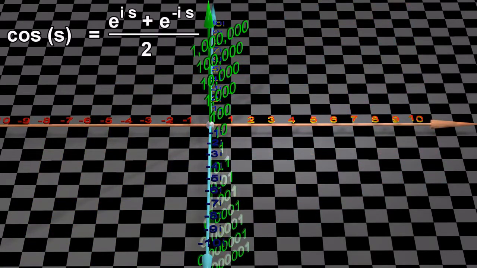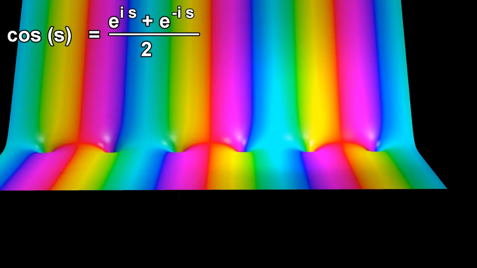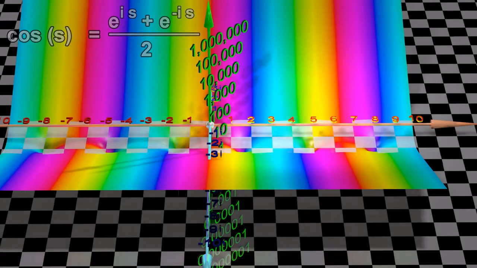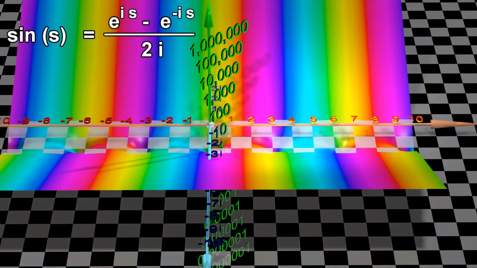By rearranging the terms and using the properties of trigonometry, we can get the following formula for the cosine of an imaginary number. And we can get the following formula for the sine of an imaginary number.